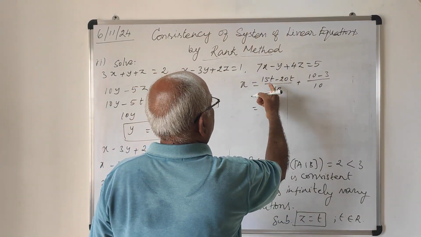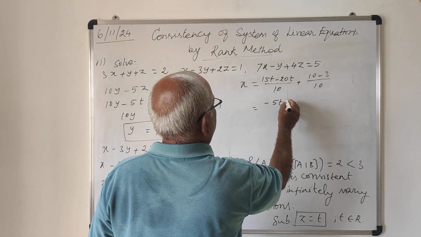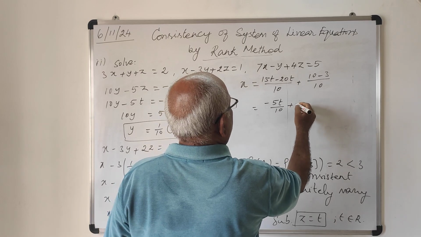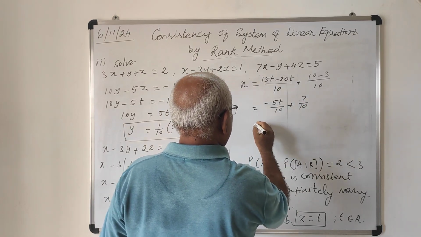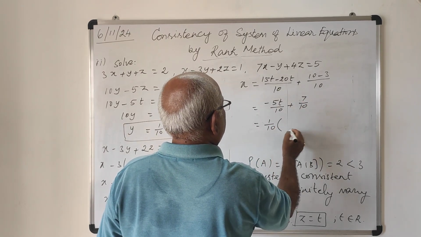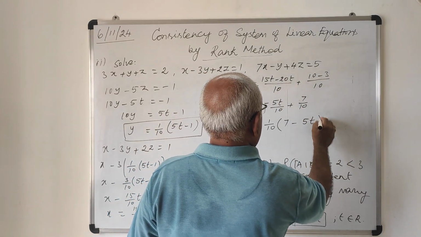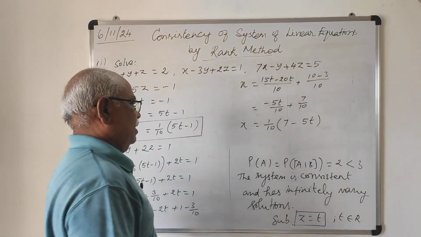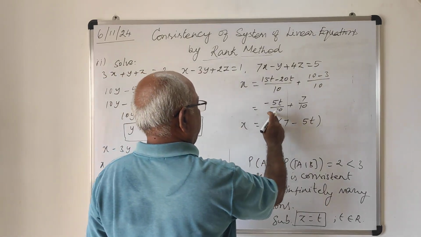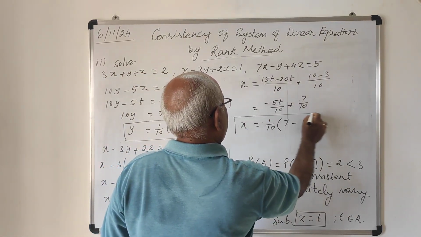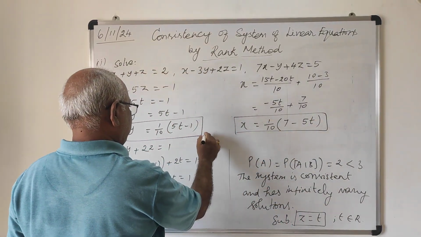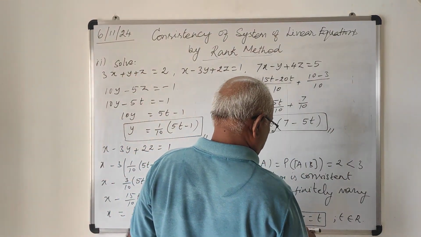So this is minus 5t by 10 plus 7 by 10. So this is nothing but 1 by 10 into (7 minus 5t). This is the value of x. x equals 7 by 10 minus 5t by 10. So this is the value of x and this is y, and the value of z is t.